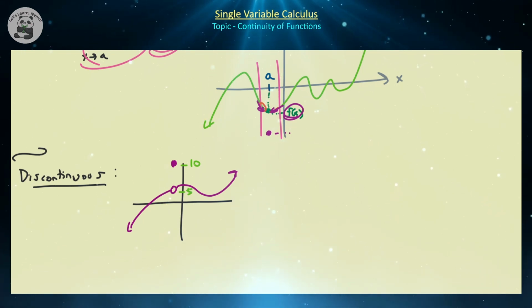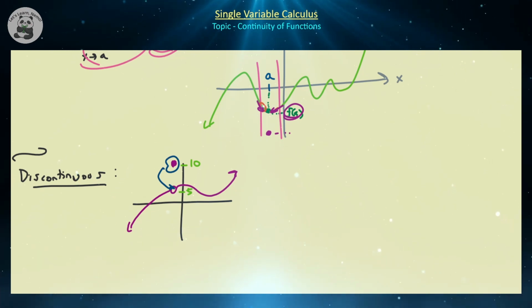And since the function value and the limit value are not equal to each other, that means it's not continuous and hence discontinuous. But this discontinuity is very easy to fix or remove by simply taking that dot and filling in that hole with it, and therefore that discontinuity would then be removed.